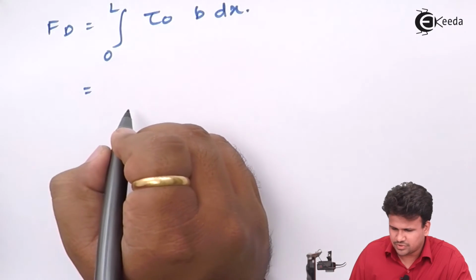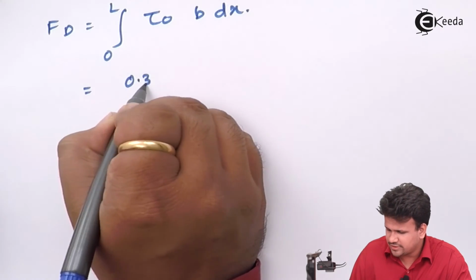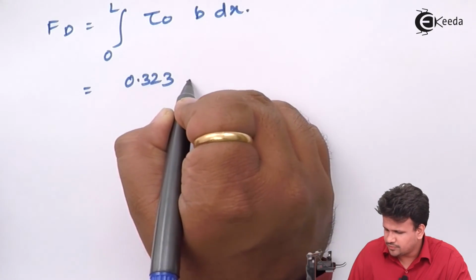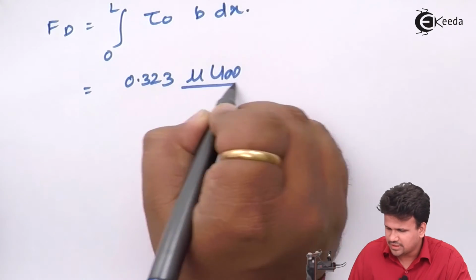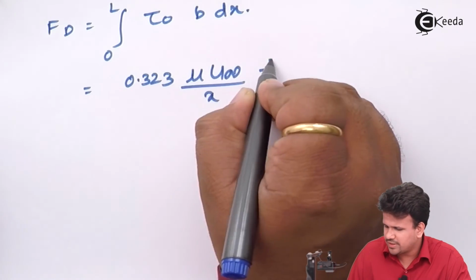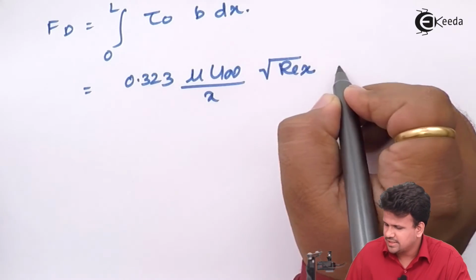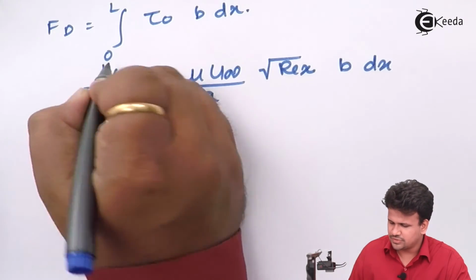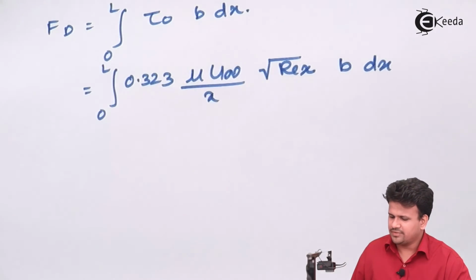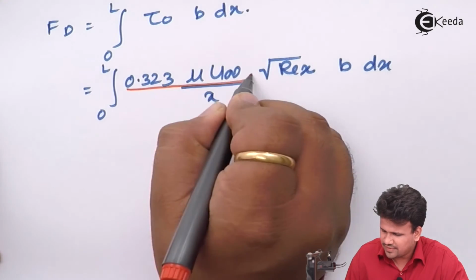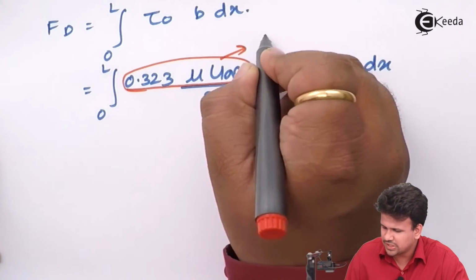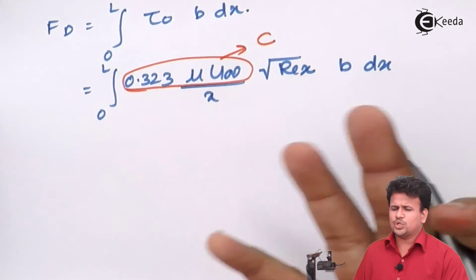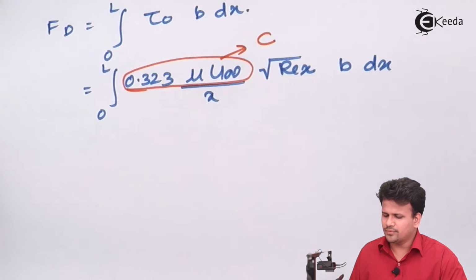So we substitute the value 0.323 into mu into u infinity upon x into square root of Re_x, b dx, and integrate from 0 to L. Just for our convenience, we'll take this value as capital C, so we need not write this over and over again.